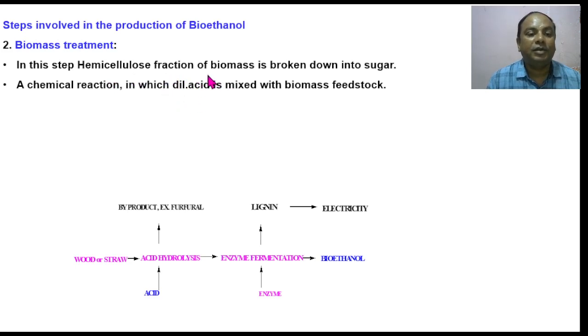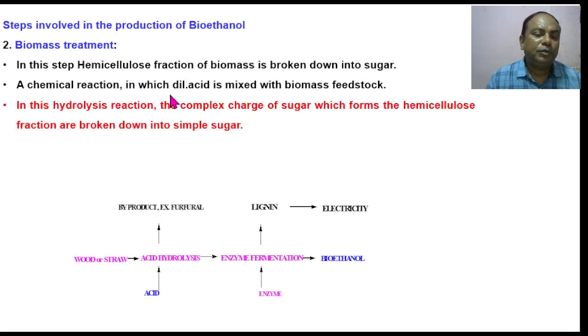Dilute acid. So in the hydrolysis process, what happens? This complex hemicellulose polysaccharide gets broken down into simple sugar, a 5 or 6 carbon sugar molecule.